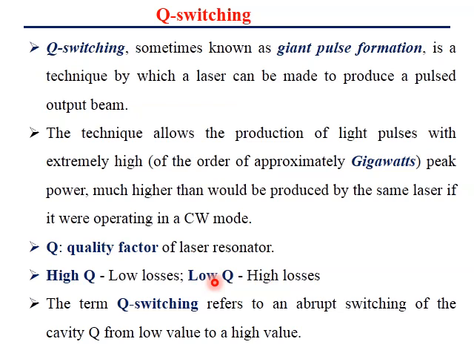The term Q switching refers to an abrupt switching of the cavity Q from a low value to a very high value. But remember, this change is very abrupt, so that's why we get a short and very high power beam output.